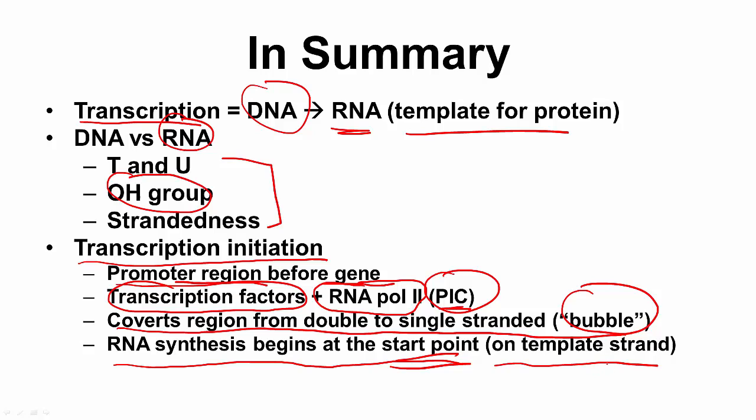And the other DNA strand that RNA synthesis doesn't use is called the coding strand. Again, it's because it's complementary to the template strand, and thus it has the same sequence, not counting the difference between thymine and uracil, as the RNA transcript being made.